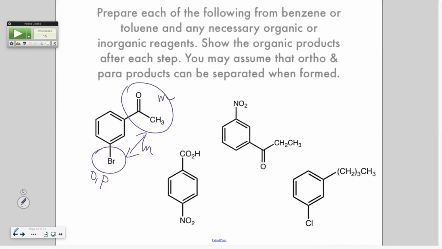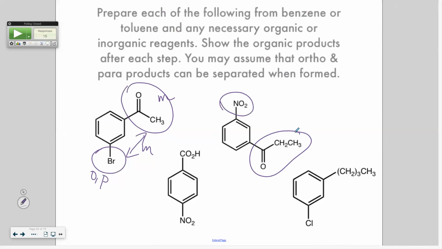Okay, let's look at the next one over here. What do I have on my benzene? I have a nitro, and I have this group. Which one do you think you want to put on first? Why?